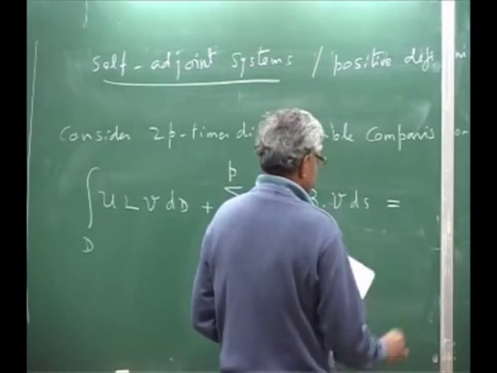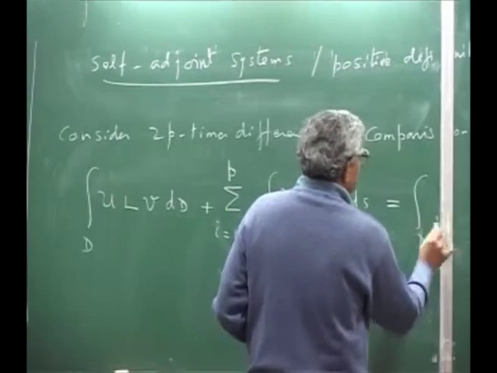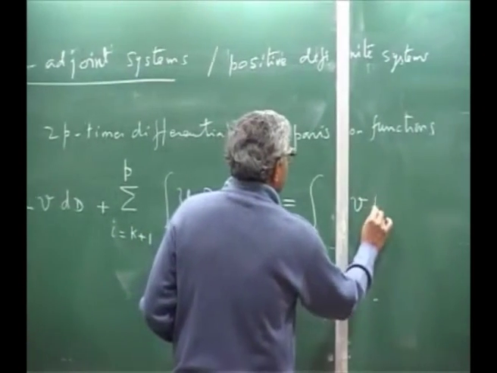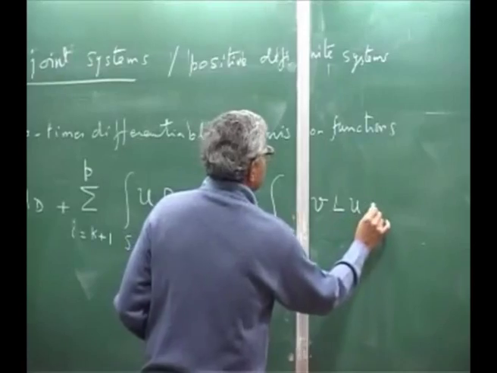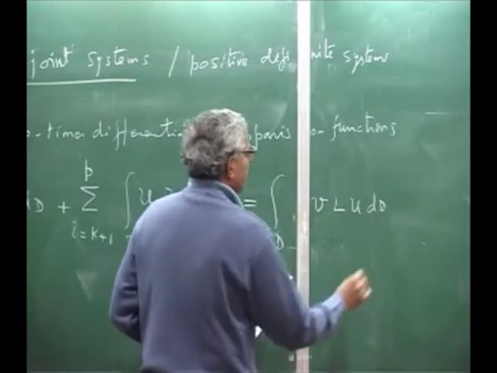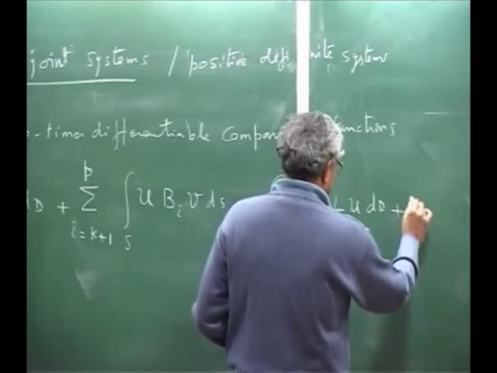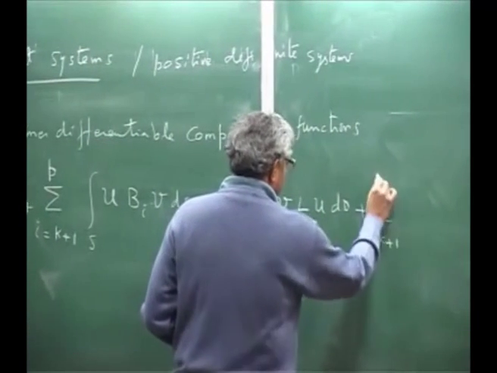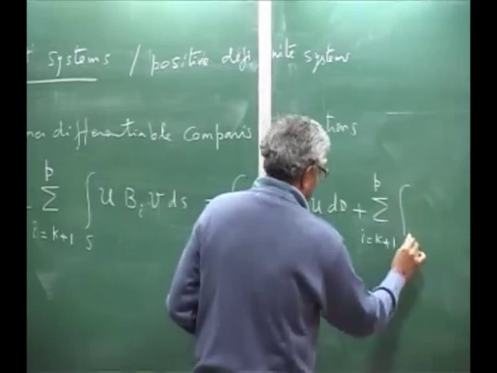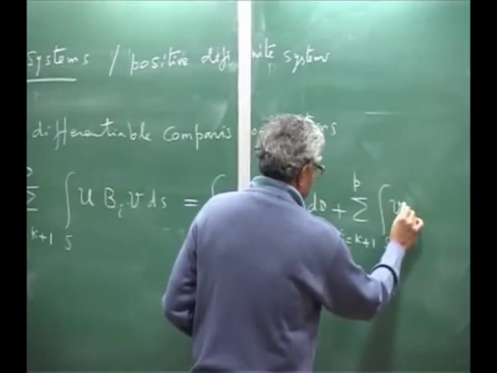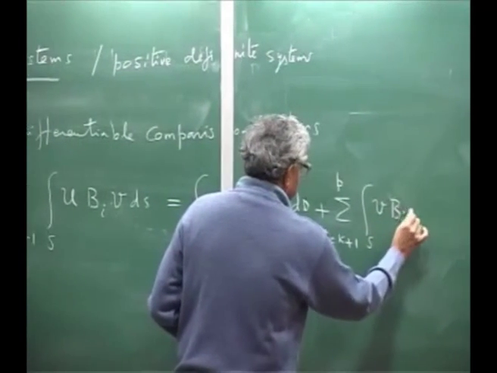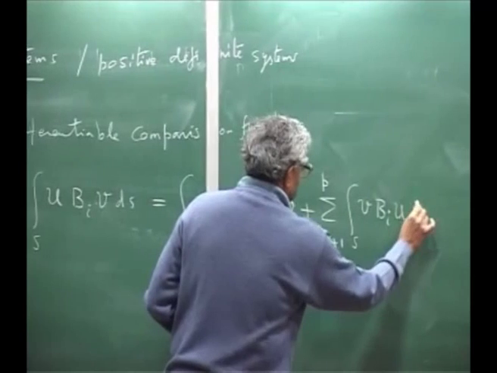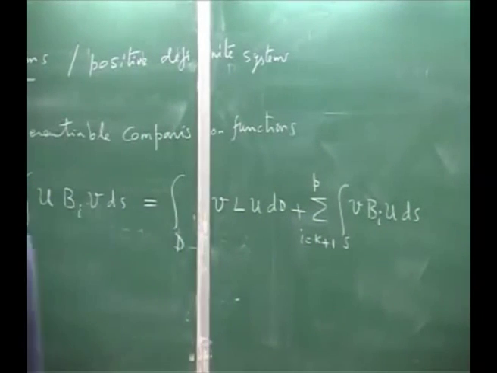This is equal to the integral over the domain of V L U dD plus the summation, i running from k plus 1 to p, over the surface of V B_i U dS.